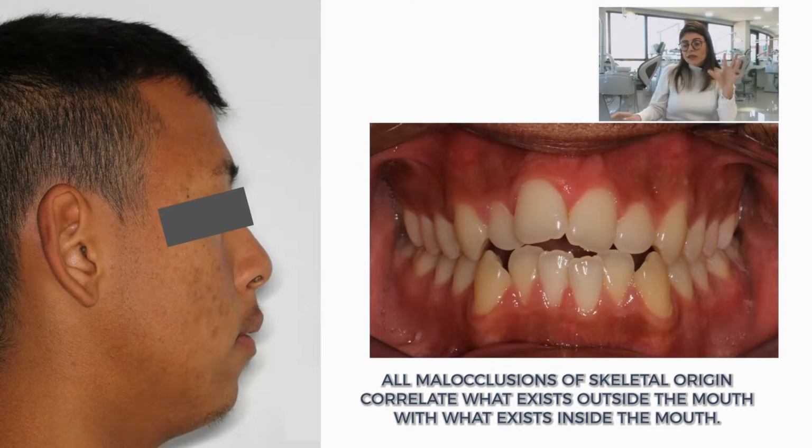And so the repercussions of what is happening inside the mouth are already outside the mouth. In the skeletal case, we see that the patient presents an open gonial angle, a tendency for vertical growth, absence of lip sealing, and the characteristics of the malocclusion can also be indicative of something skeletal. So see that all malocclusions of skeletal origin correlate what exists outside the mouth with what exists inside the mouth.